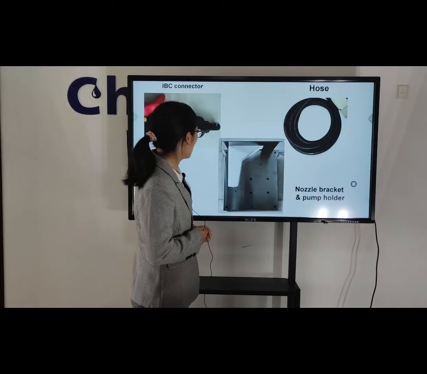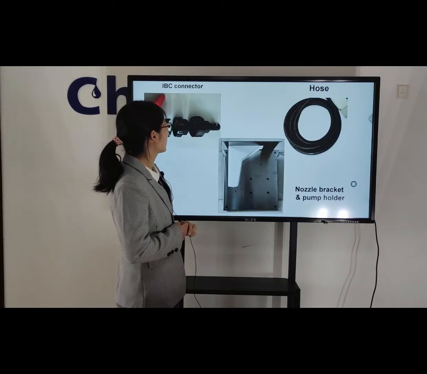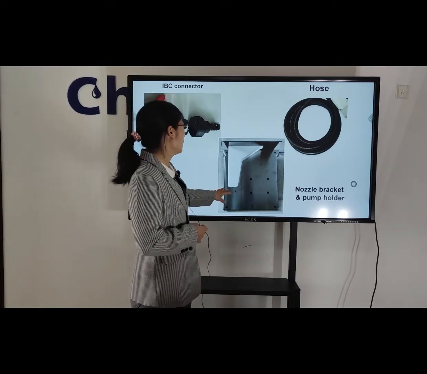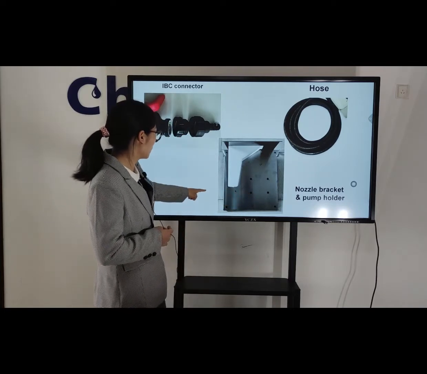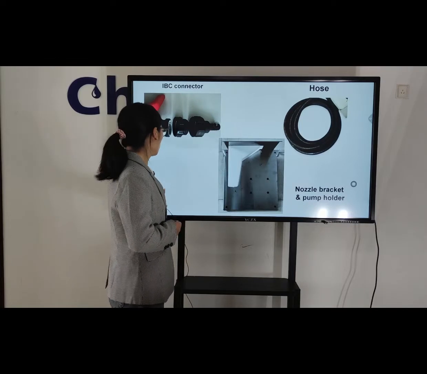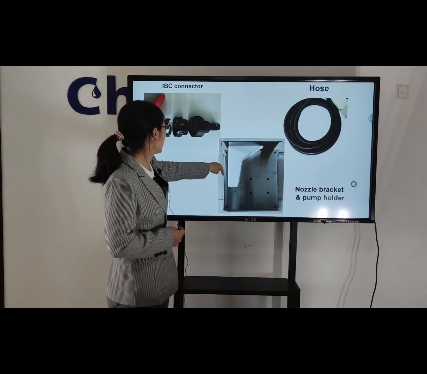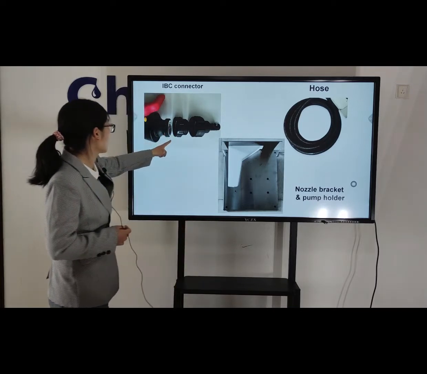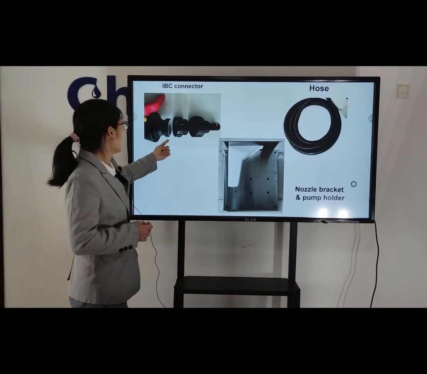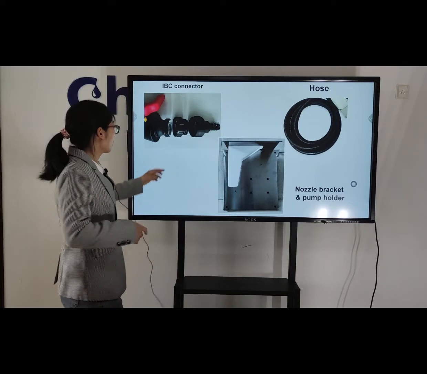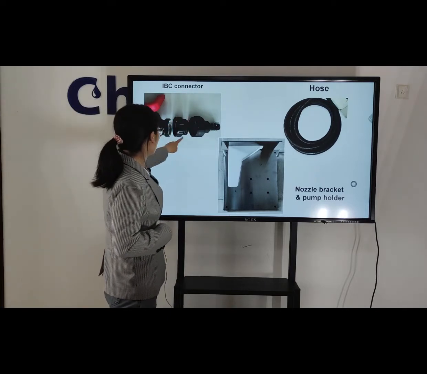And here are other parts. One is the hose, and this is the nozzle bracket and the pump holder. We will put the filling gun on this part after using it. And this is the IBC connector. Some clients have used an IBC connector. Usually we will supply this part.